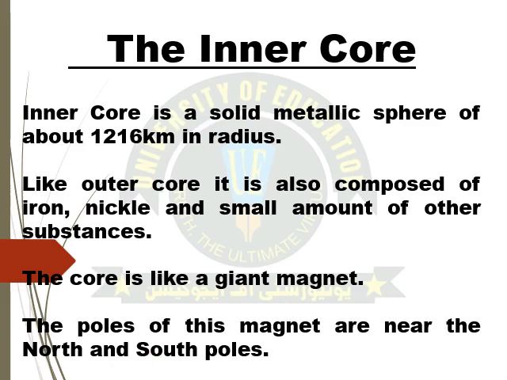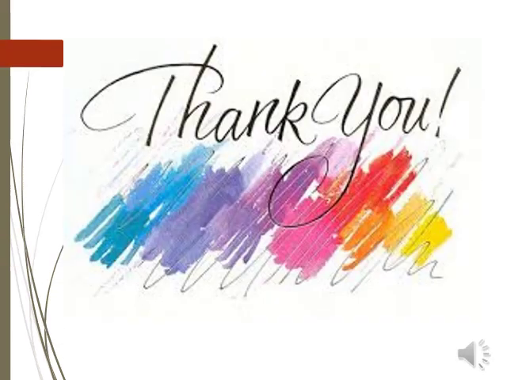Both of these poles attract different substances on our Earth, and every body that moves into air will be attracted toward the Earth, and the attraction is caused by this giant magnet that is present in the inner core.